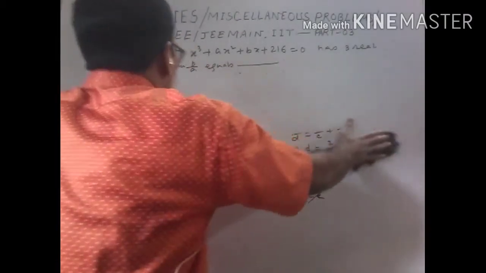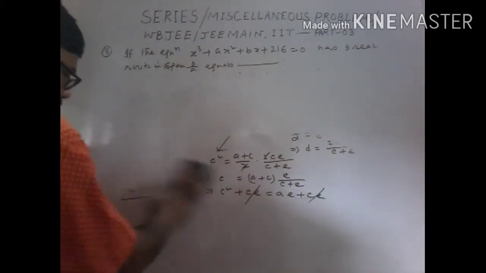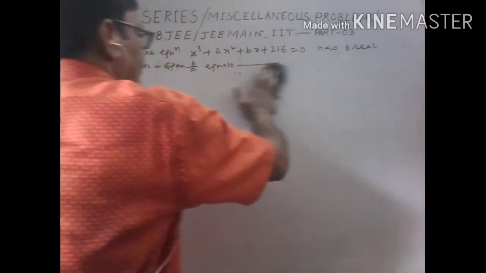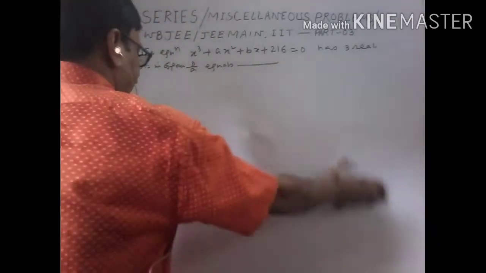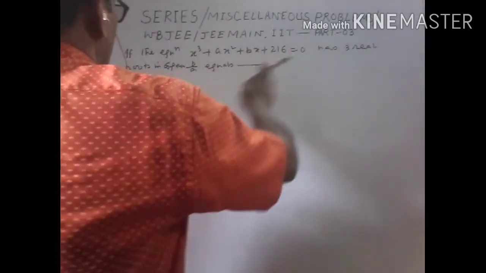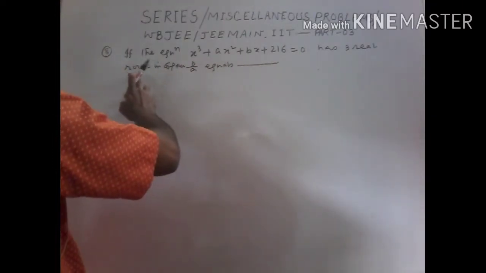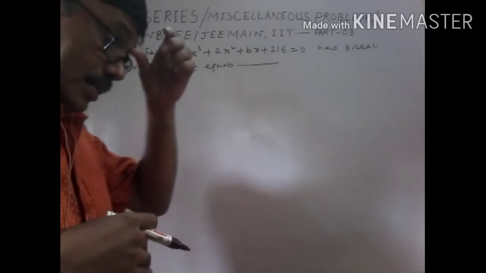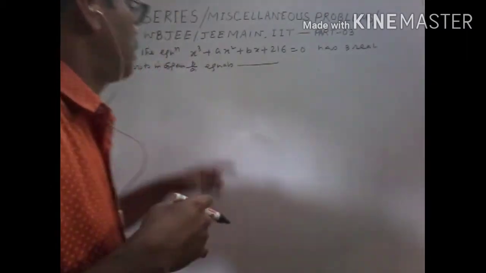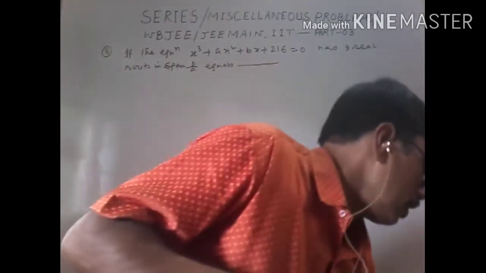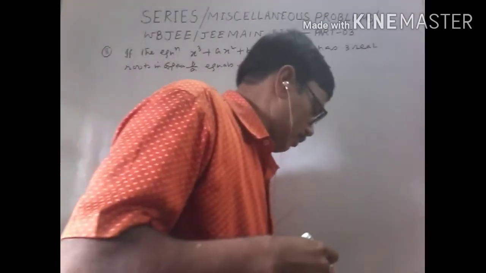Now problem number 8. If the equation equals 0 has roots in GP, then find B by A. Roots are in GP.